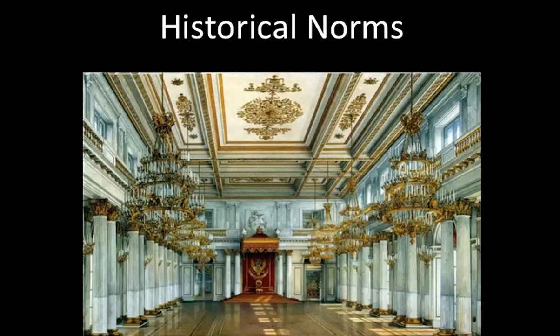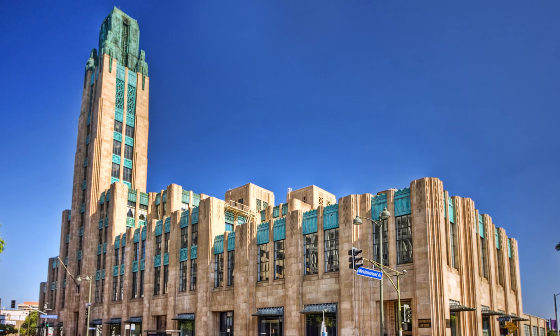This is a throne room. So everything about this room leads your eye down toward the end where the monarch sits and is raised above literally everything else in the room except the ceilings. This is going to tell you something about what the society values, what the owner of this room and of this building value.